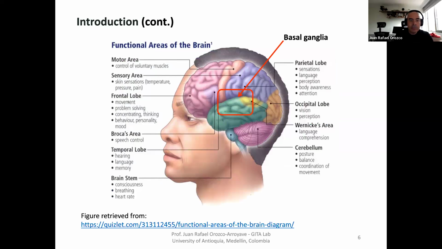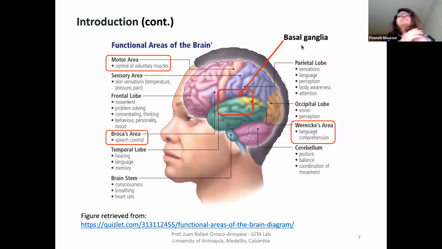Now, if we analyze the problem from its internal functioning in the brain, it is something that happens in the basal ganglia. And can you confirm that you are seeing my mouse pointer, please? Yeah. Okay. That means that several other areas can also be affected, not only the basal ganglia, which is the typical one described in the literature.